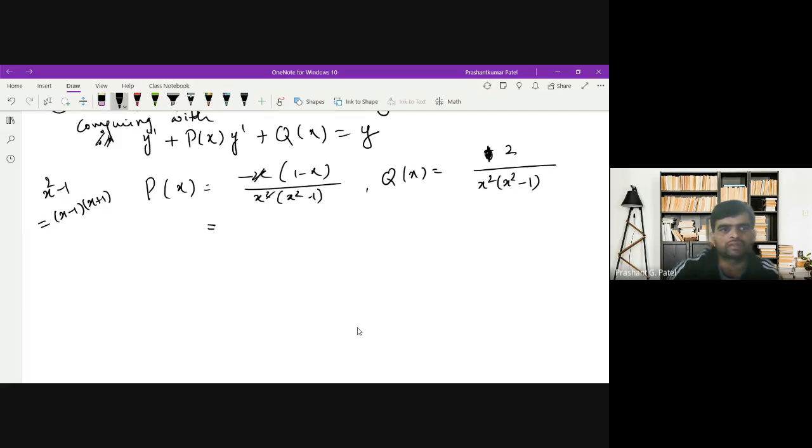So this 1 minus x will cancel out and the minus goes away. So it is now converted into 1 over x into x plus 1.